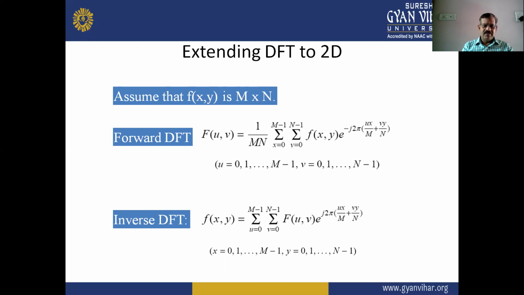And next is the inverse DFT: f(x,y) equals the double summation, first u equals 0 to m minus 1 and second v equals 0 to n minus 1, of F(u,v) e to the power j 2 pi (ux upon m plus vy upon n), where x equals 0, 1, 2, 3 up to m minus 1, and y equals 0, 1, 2, 3 up to n minus 1. So this is the extension of the DFT to 2D.